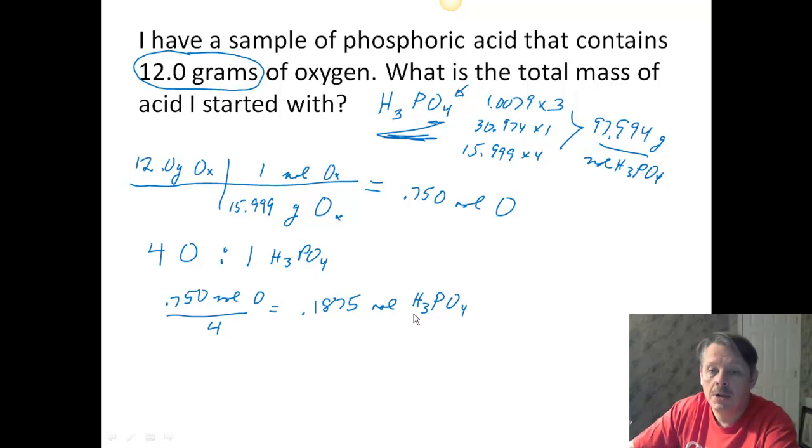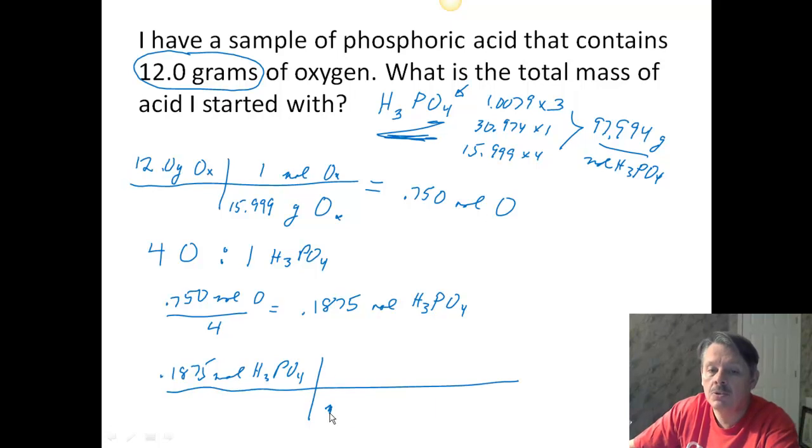Well, I know what H3PO4 weighs, so I'm going to take 0.1875 moles of H3PO4, and I'm going to get rid of moles of H3PO4 and go to grams of H3PO4, and it's 97.994 grams in 1 mole.